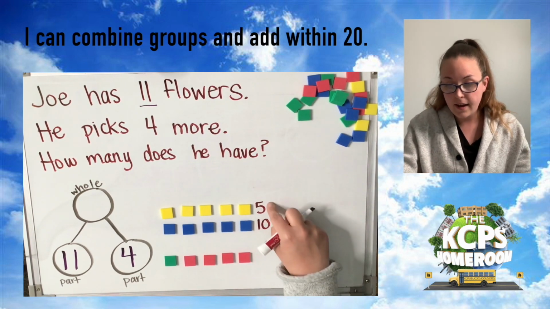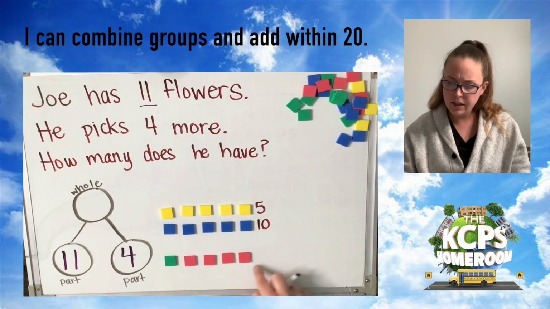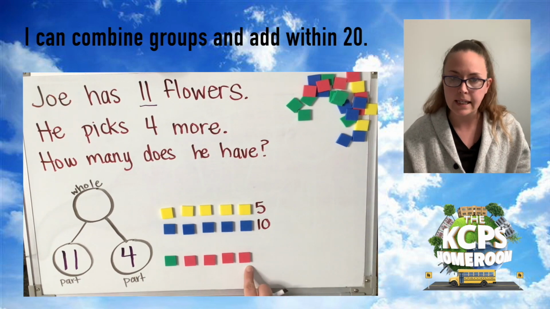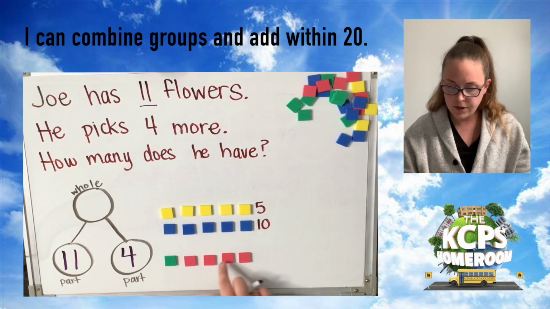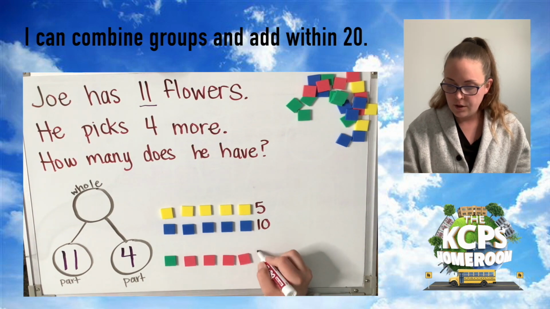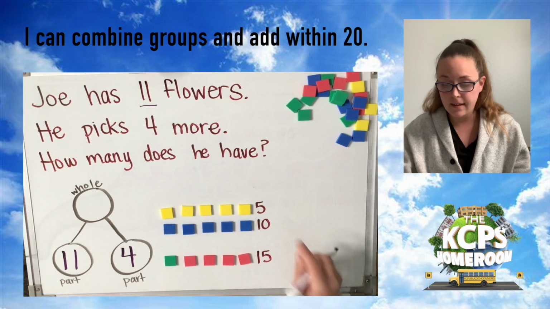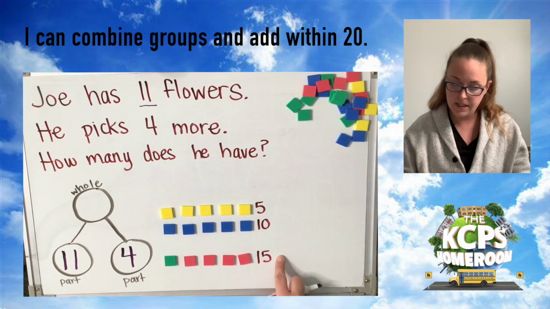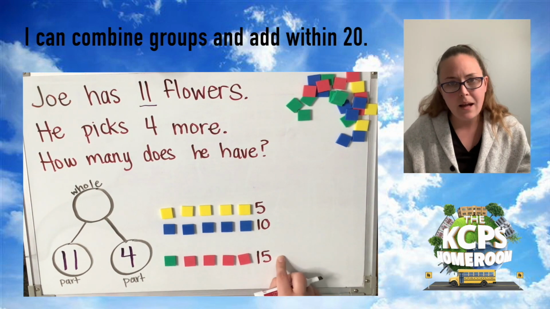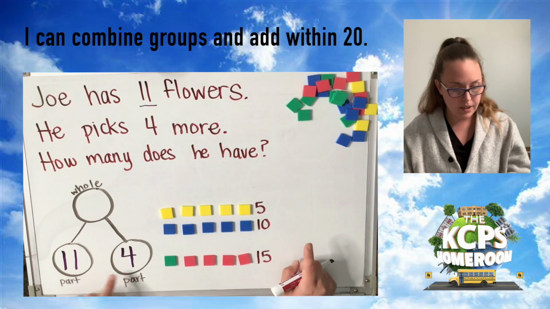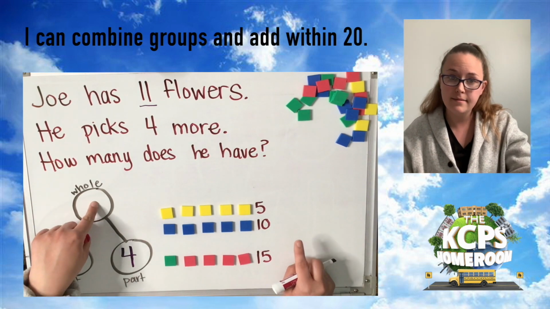So there's 5, 10, and then here 10 plus 5 is how many? 10, 11, 12, 13, 14, 15. So 3 rows of 5 makes 15. 5, 10, 15. So does that mean that 11 plus 4 equals 15?